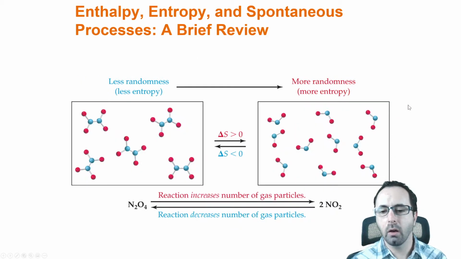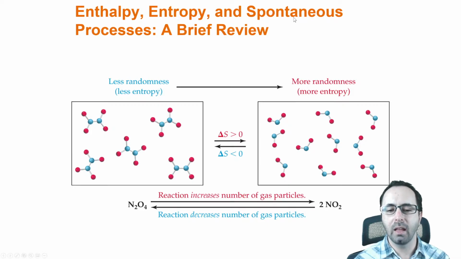In terms of the number of molecules here, so if you have more pieces, more molecules, there are more ways in which they can arrange themselves, particularly if those molecules are gas molecules. So in the example of N2O4 producing 2 molecules of NO2, we have twice as many molecules once this reaction happens.